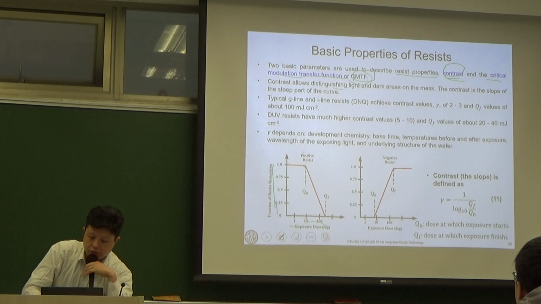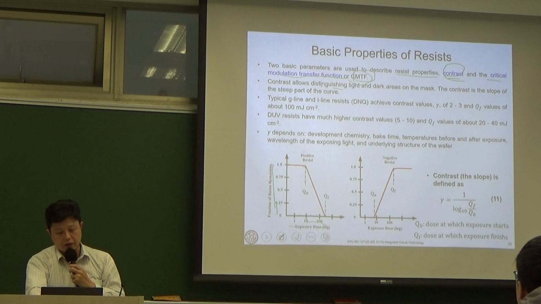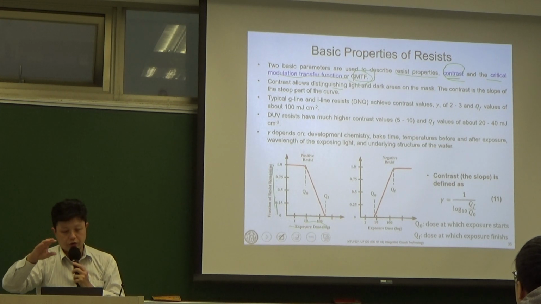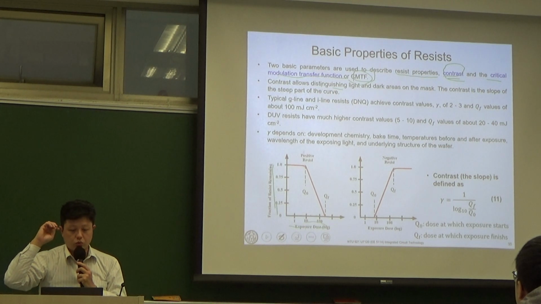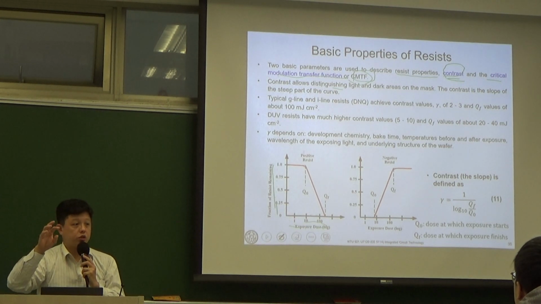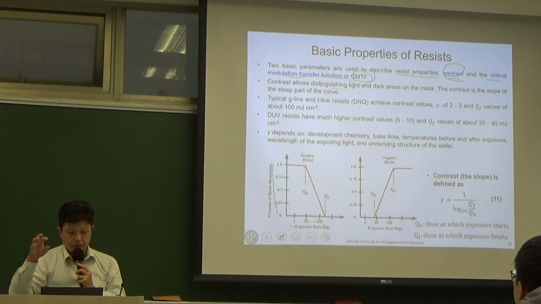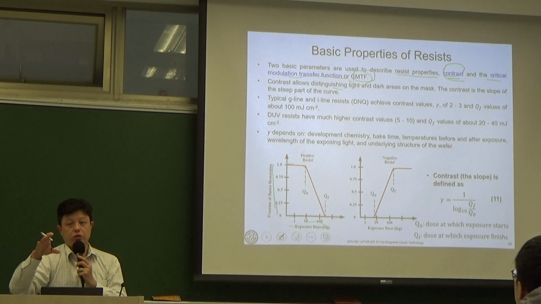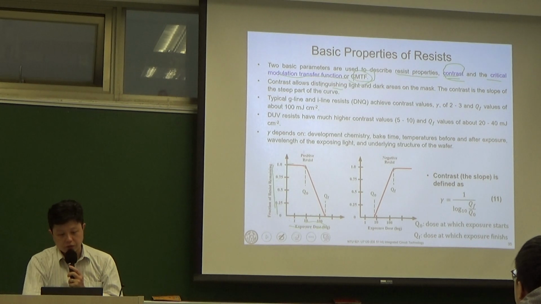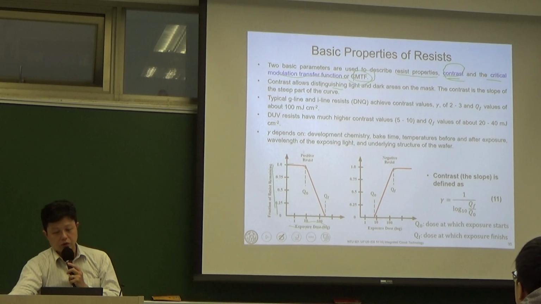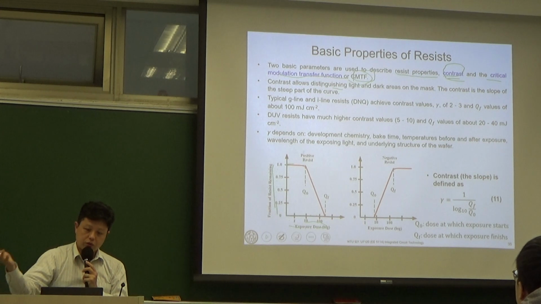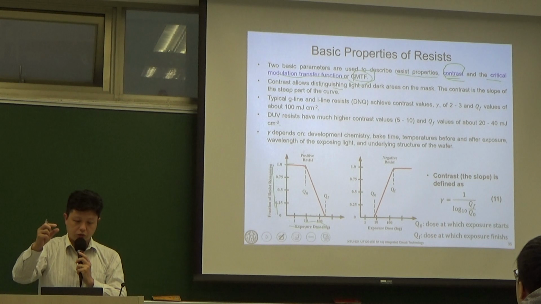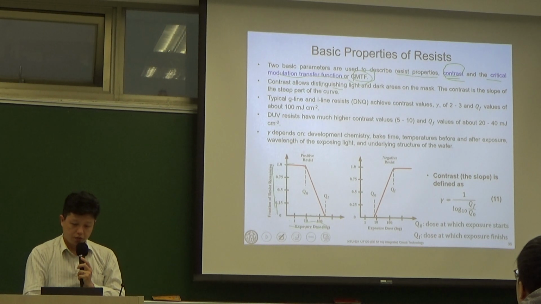This experiment can be done by having a coated resist on your wafer, and you continue to increase the exposure energy. Once you expose in your system, you put it into the developer, and after a certain amount of time, you bring it out and measure the remaining thickness.